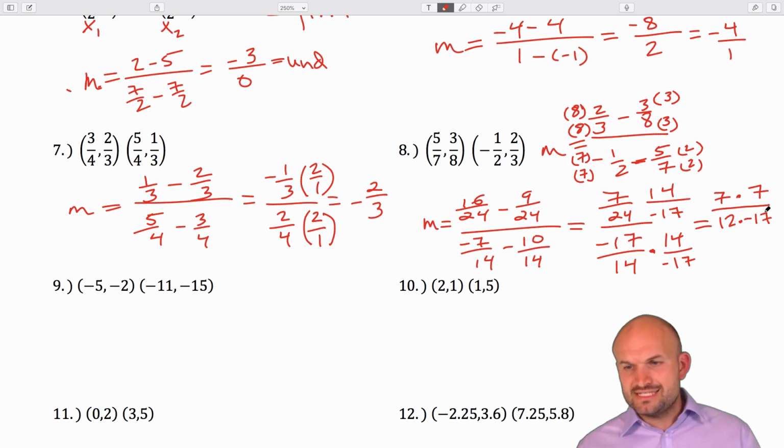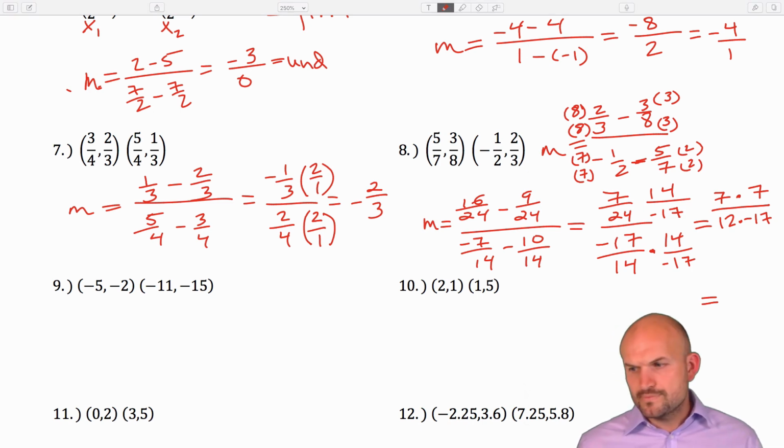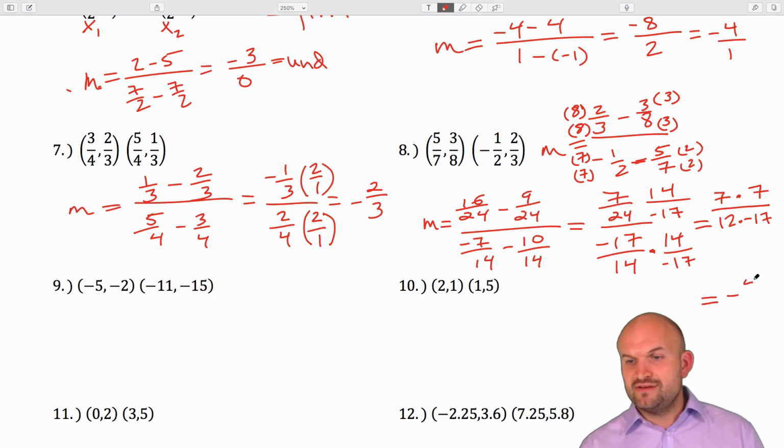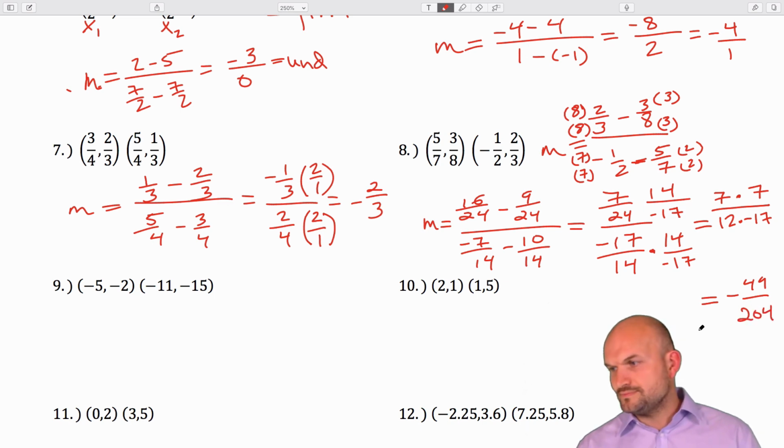Now, I do not recall 12 times 17, so I'm actually going to cheat over here and just use my computer calculator just to make sure that I have this 204. So therefore I have 49, or negative, put the negative in front, 49 over 204.